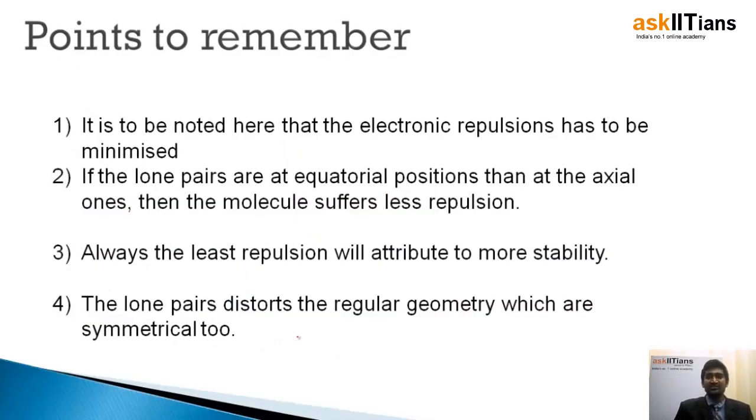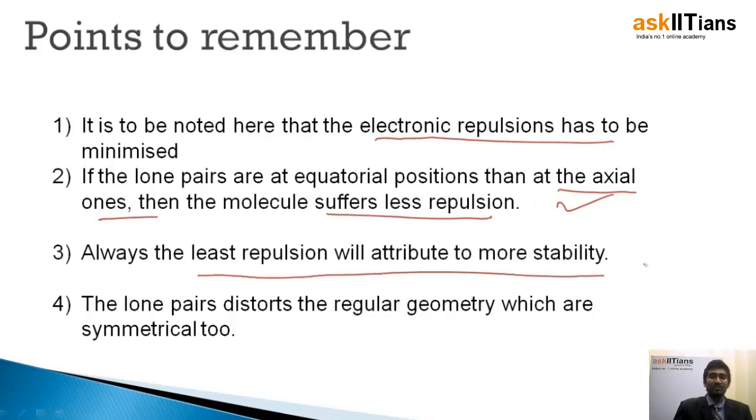The point to remember is that we have to minimize the electronic repulsion, so the lone pairs must be at axial positions. When the lone pairs are at axial positions, they suffer less repulsion. This should be kept in mind. The least repulsion will always mean more stability.